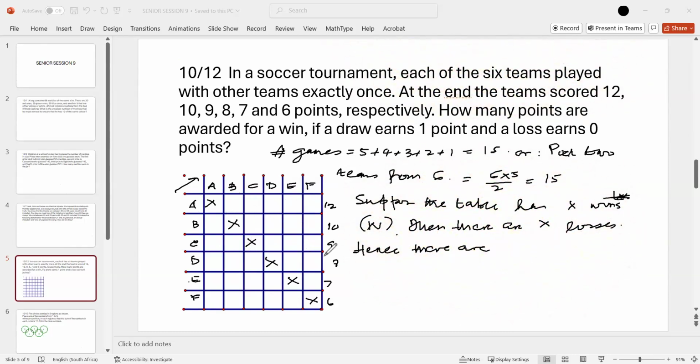You got 15 on this side, blank squares, and likewise you got 15 blank squares in this side, right? So there are 30 blank squares altogether.